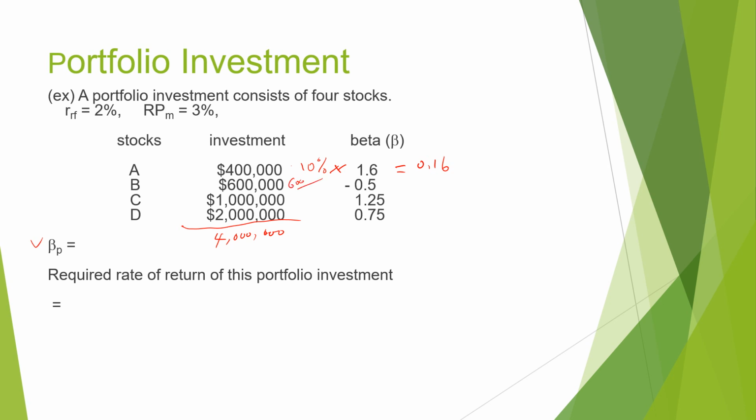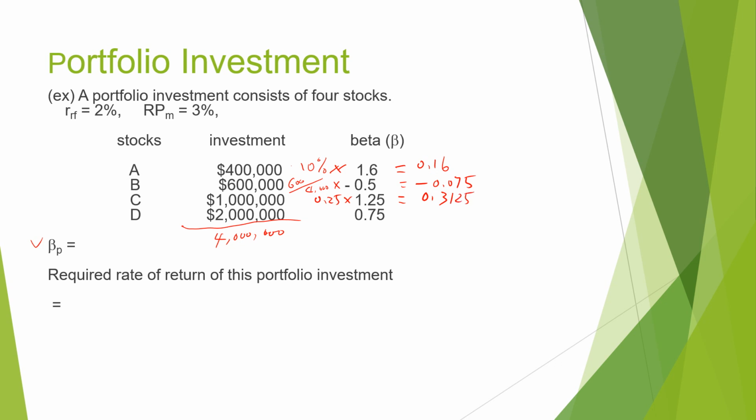Here, 600 divided by 4,000. Let's say that 4,000 is 4 million here. Multiplied by minus 0.5, I get minus 0.075. And 1 million over 4 million, that's a quarter. So 0.25 times 1.25, I get 0.3125.